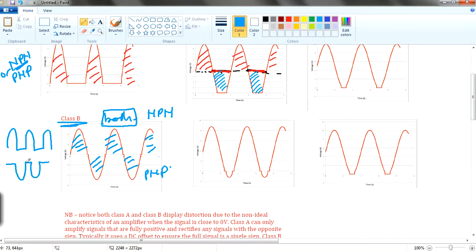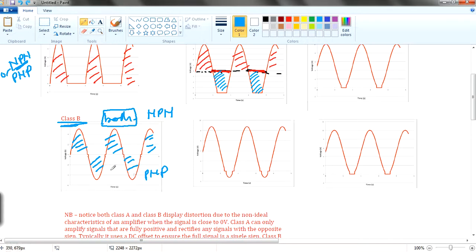So if you were to rearrange them in the machine, you can flip this one up over here, so you can have a signal like this. So you have a good signal, and you have more signal over here, right? This is exactly what class B is doing.